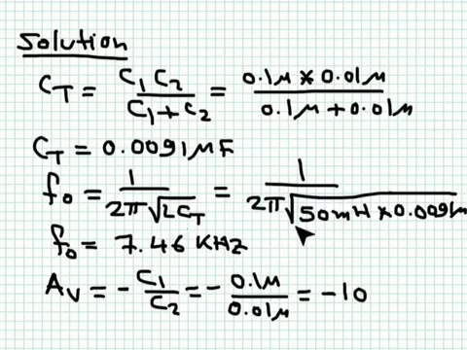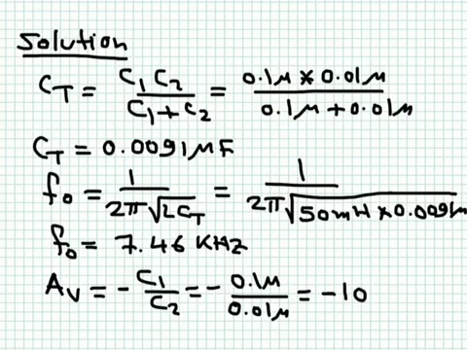If you plug in the numbers for the inductor, which is 50 millihenries, and the total capacitance you calculated, 0.0091 microfarad, you get this frequency of oscillation, 7.46 kilohertz. So this circuit will oscillate at 7.46 kilohertz.